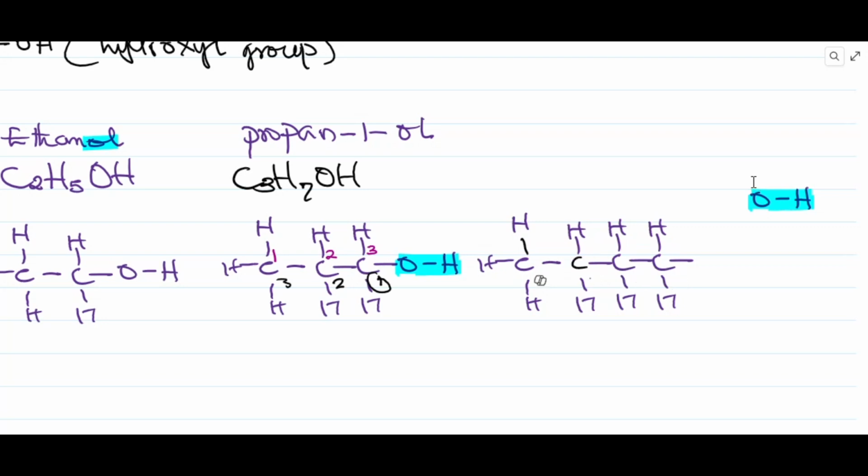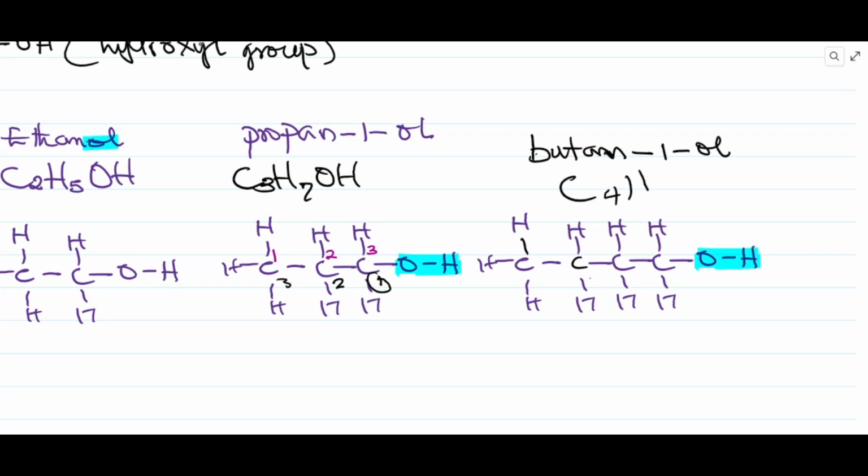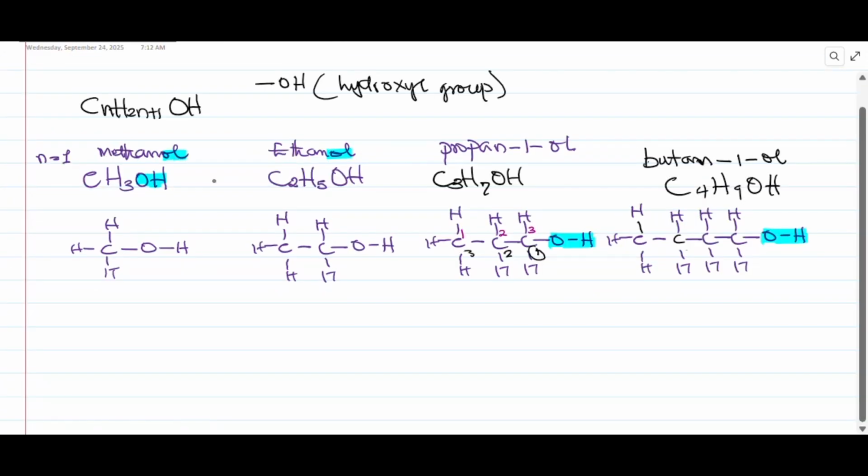So let's bring in the OH. So this is butane. The -ol is also attached to carbon number 1. So it is butan-1-ol. And then it is going to be C4, H what? Should be H9 and then OH. So these are the first four family members of the alcohols.